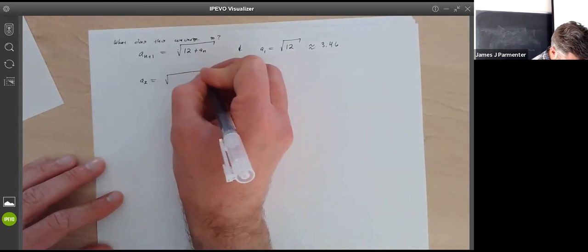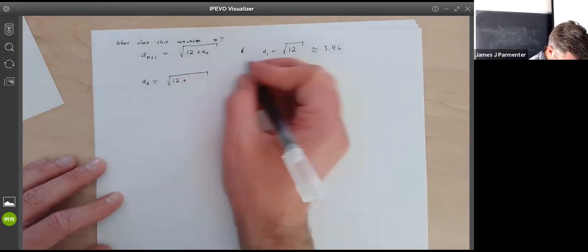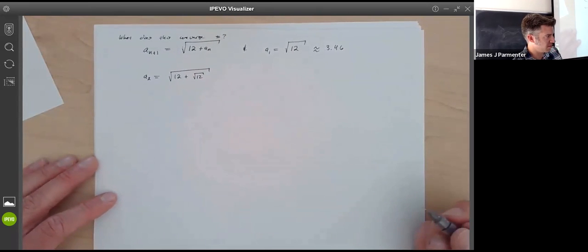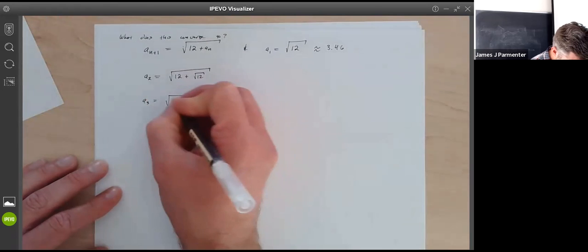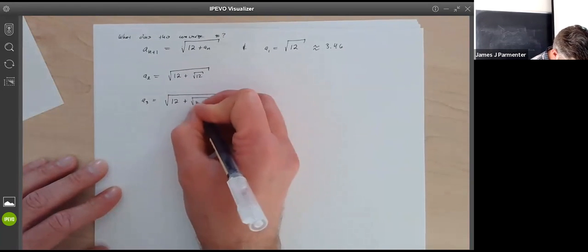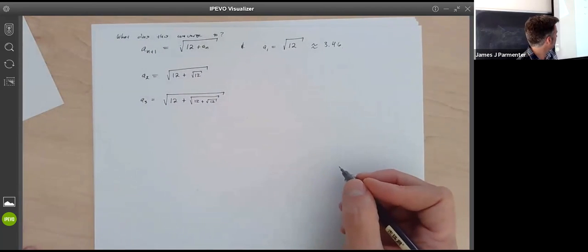A sub 2 is the square root of 12 plus the first term. Okay, doesn't seem great yet. The next one's going to be the square root of 12 plus the previous term. Okay, that still doesn't really help me.